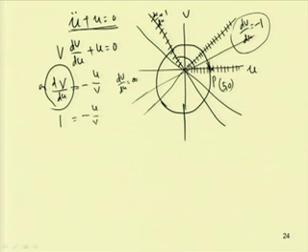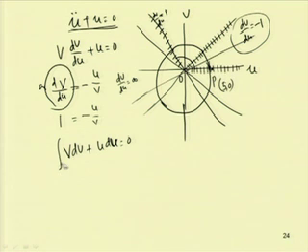In this case this should represent a circle with radius OP, because in this equation v dv by du plus u equal to 0, one can write v dv plus u du equal to 0.